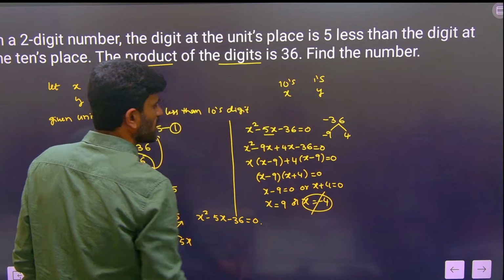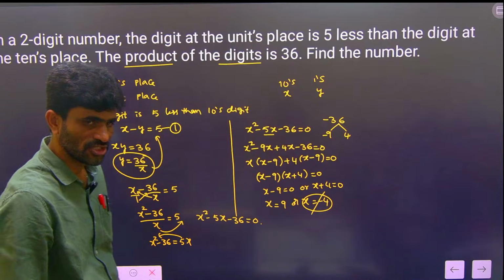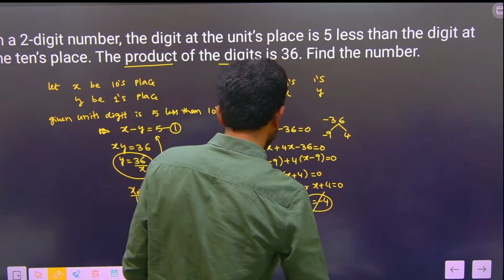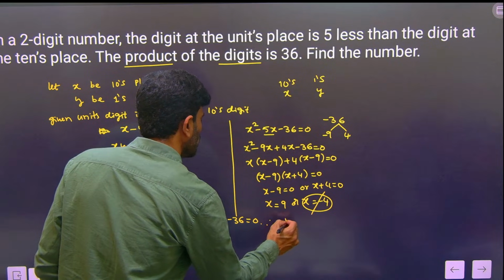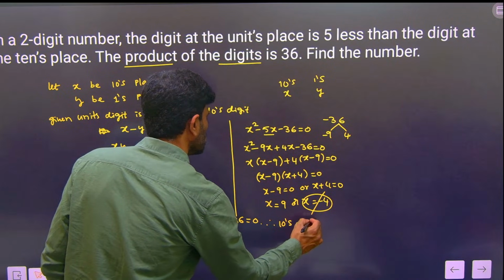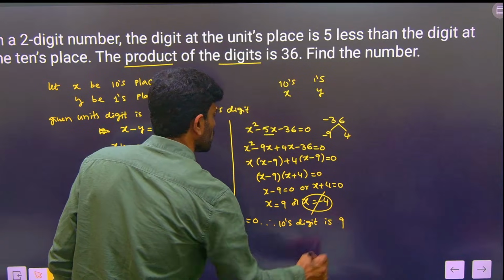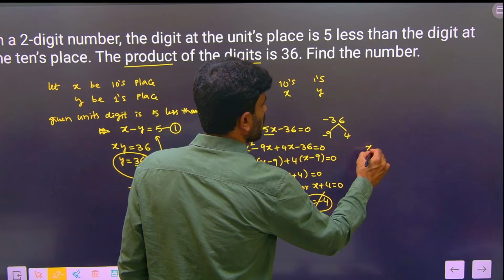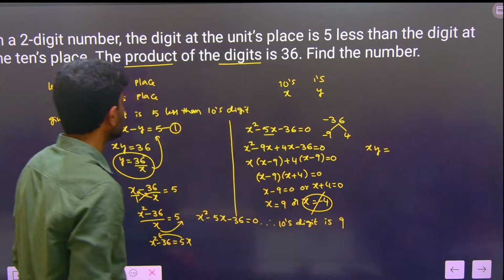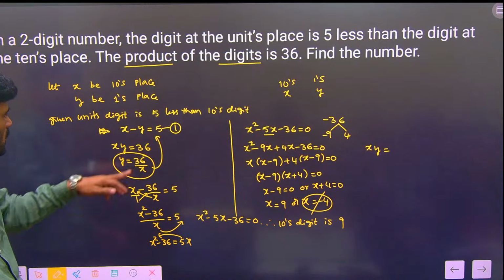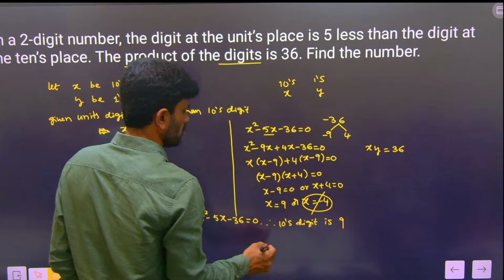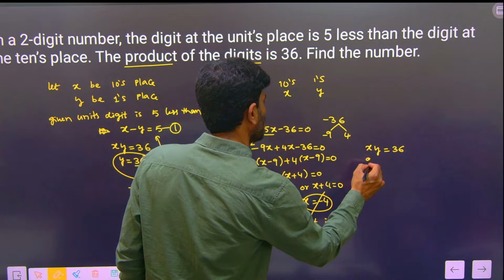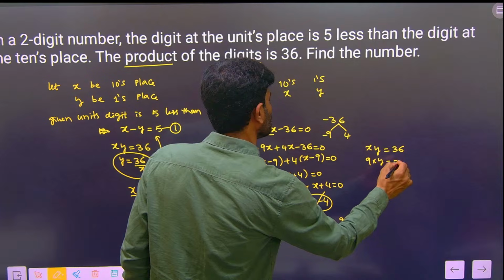But we do not take minus value as a digit. Negative value we do not take as a digit. Therefore, tens digit is 9. And we also know x into y is equal to 36. So 9 into y is equal to 36.